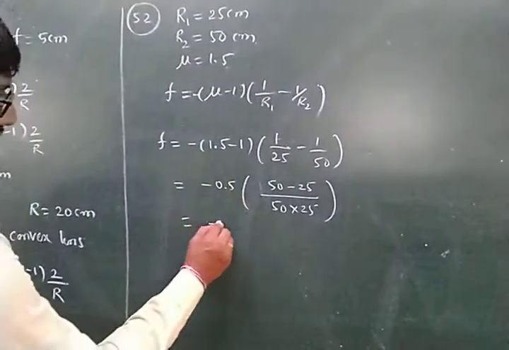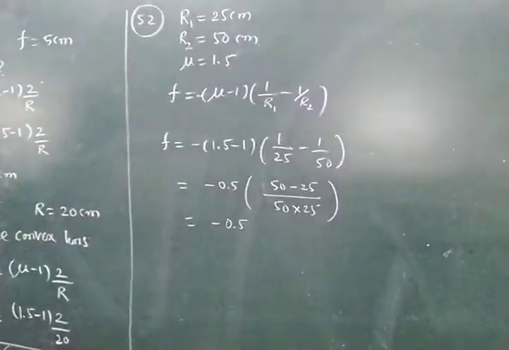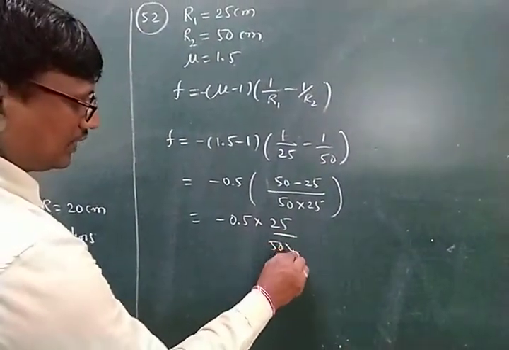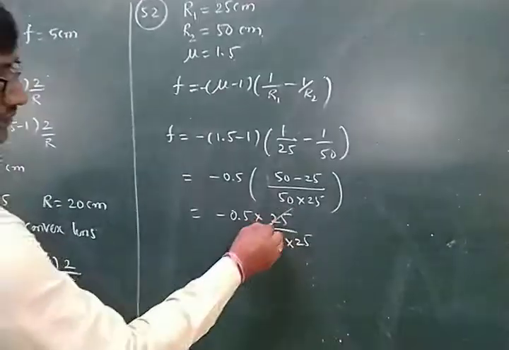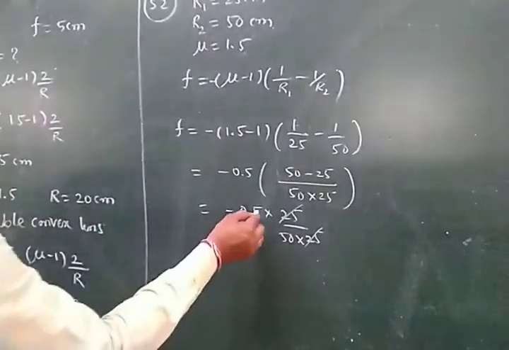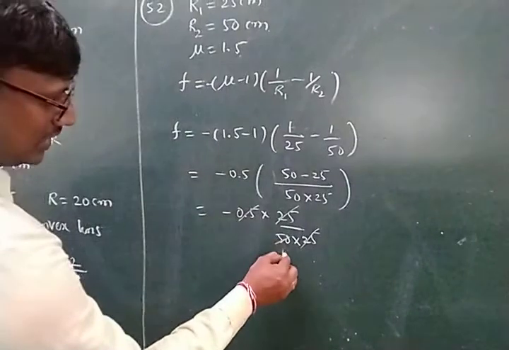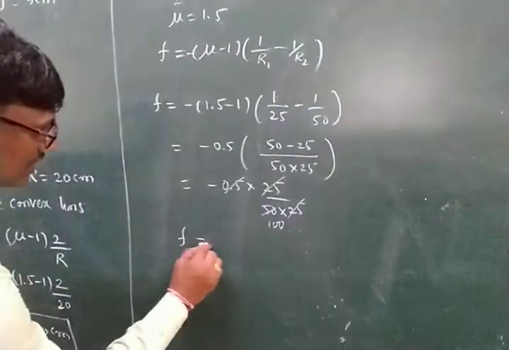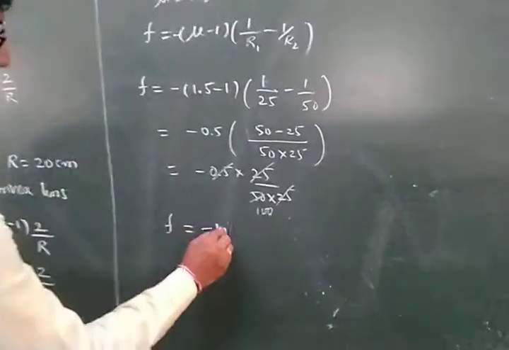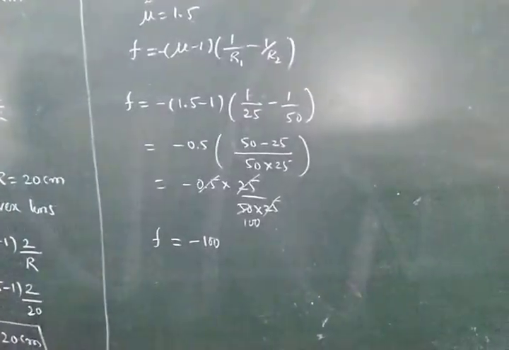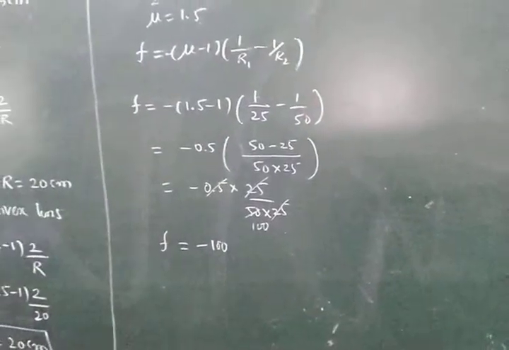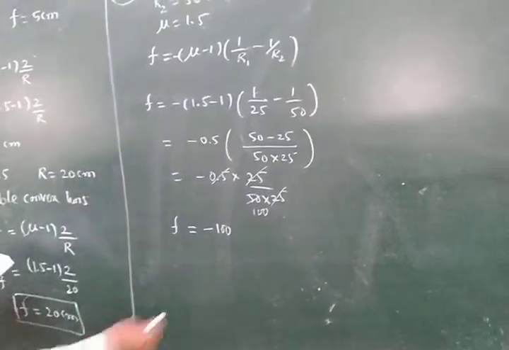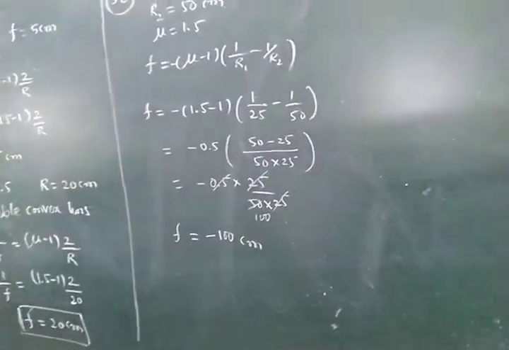The 25 gets cancelled, leaving 100. That means f is equal to minus 100 centimeters.